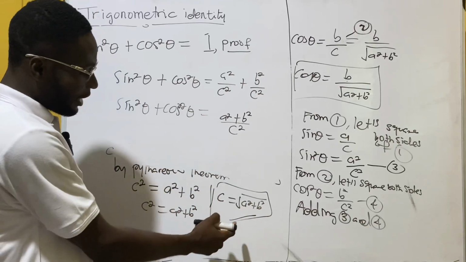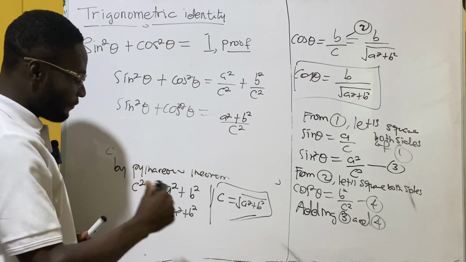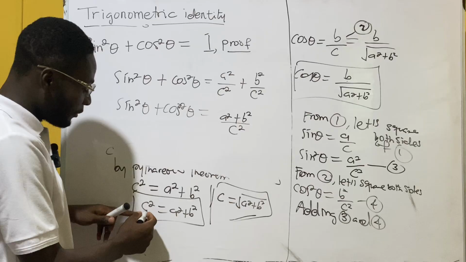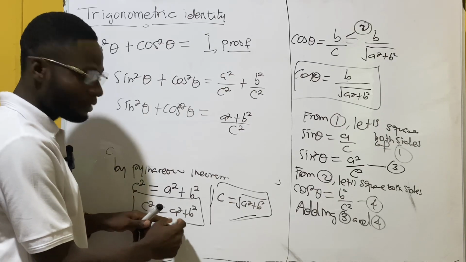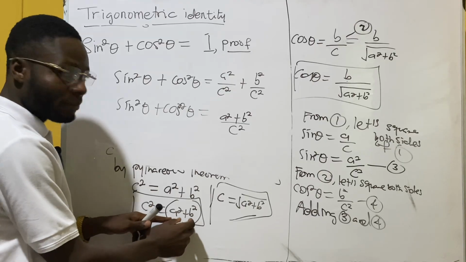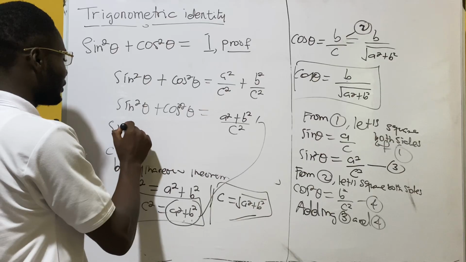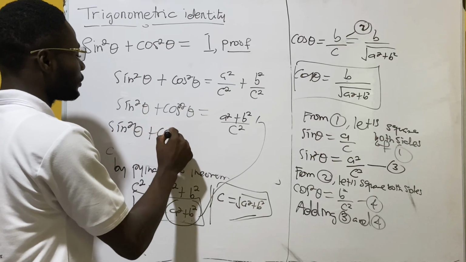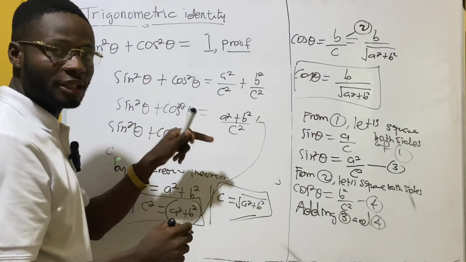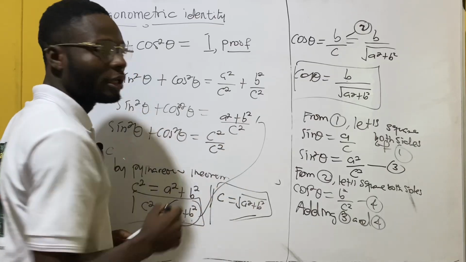So come back here, okay? And from here, you can see that from the Pythagorean theorem, C squared is equal to A squared plus B squared. So we're going to substitute A squared plus B squared with C squared. So let's do that. So we're going to have sine squared theta plus cos squared theta equals C squared over C squared.